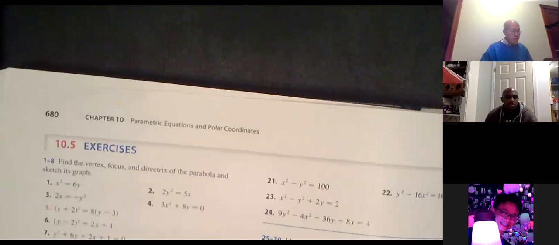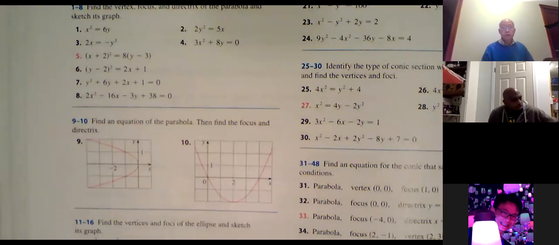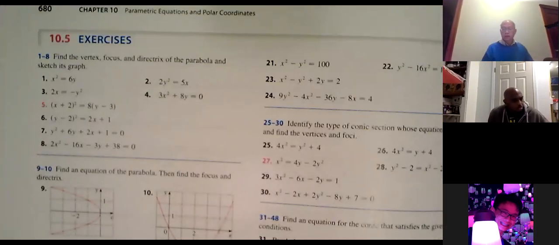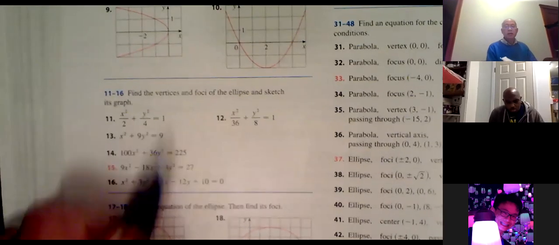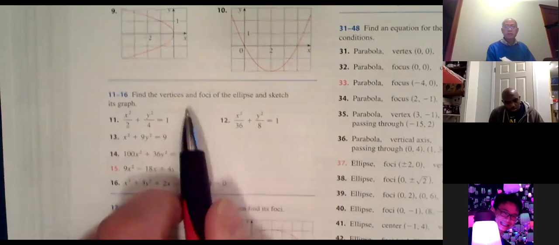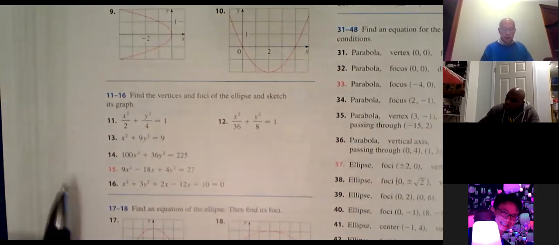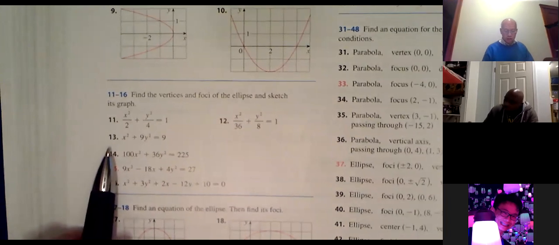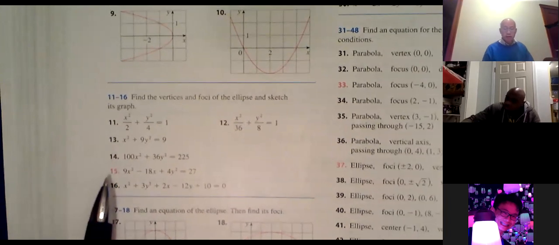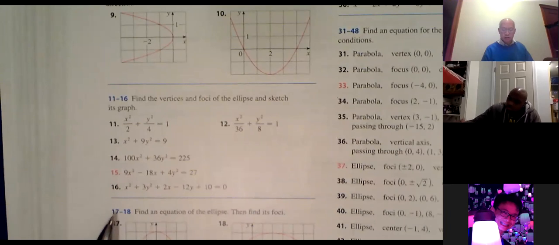All right, so I'll start some of these and see how far we get. Starting with problem 11: find the vertices and foci and sketch the graph. Let me just casually check here. 11 matches, 13 matches, 15 matches.